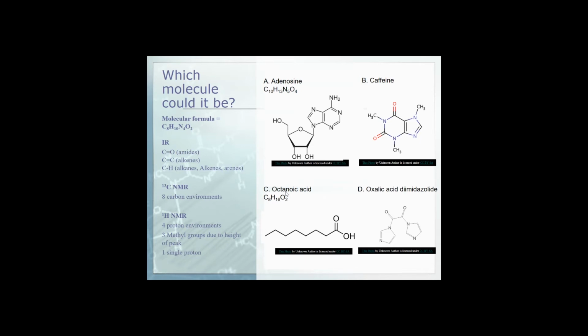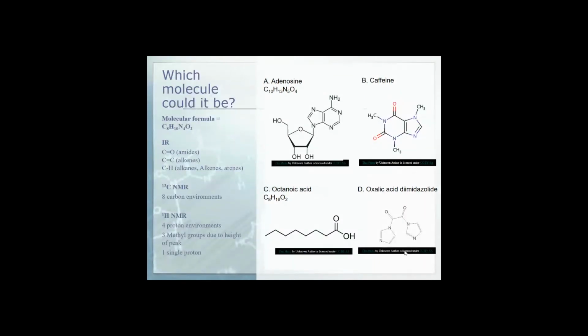Now the interesting part here, remember we talked about having different environments and you can have things mirrored, which gives you a multiplication of environments or divides them. So if I were to draw a line directly straight through here through our oxygen and our nitrogen rings, you'll notice that we are symmetrical, which means we would not end up with 8 carbon environments.